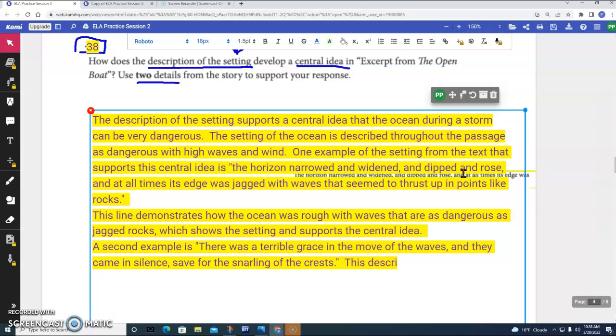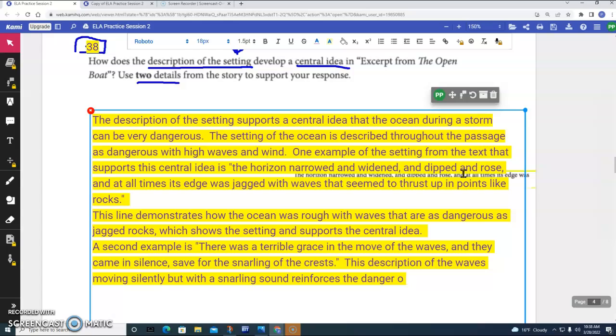This description of the waves moving silently, but with a snarling sound, reinforces the danger of the ocean in this storm.